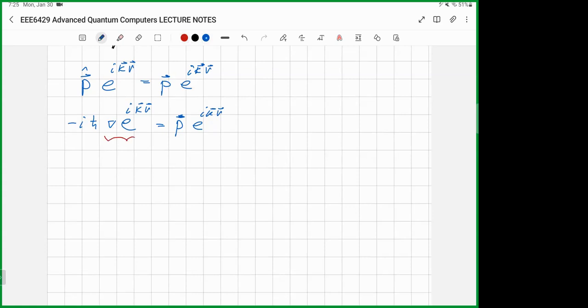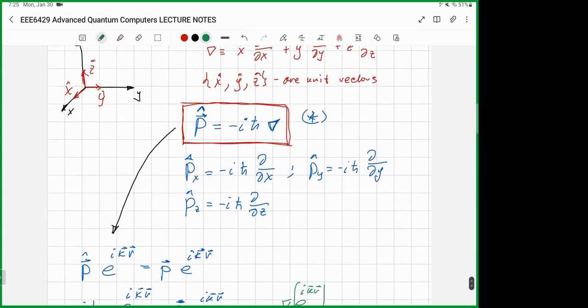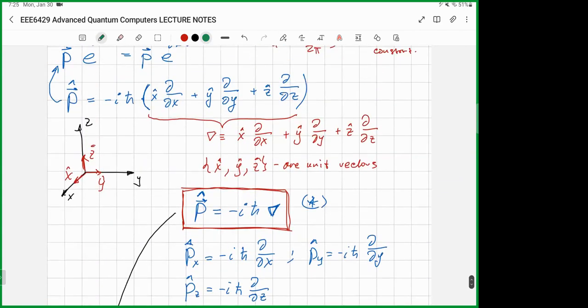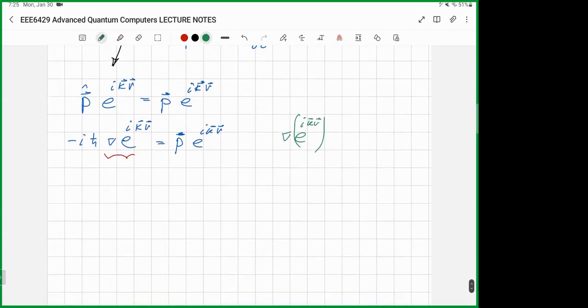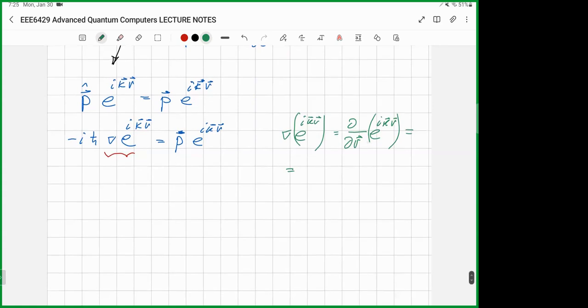Let me change my color to green. The nabla is simply the sum of the partial derivatives by coordinate, and this is nothing but taking the derivative by r of this exponential function.